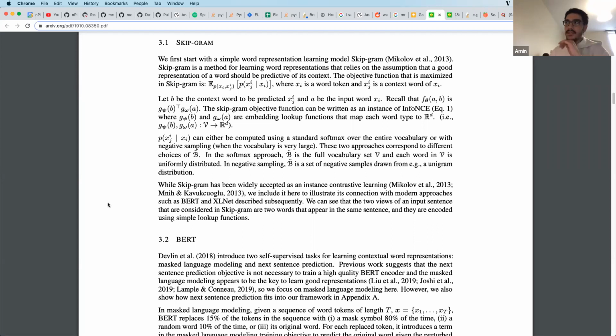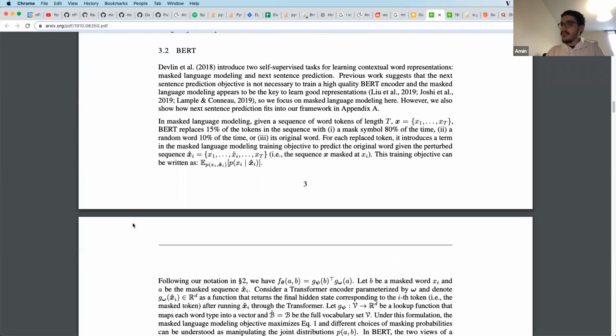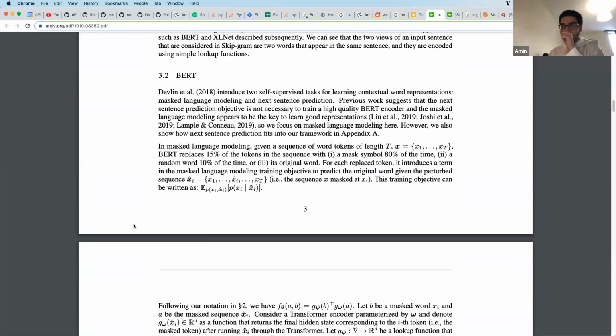This stops you from having many stop words in your negative samples, so you're not training a model which compares context words to just many different stop words. Okay, so that's the Skipgram model.